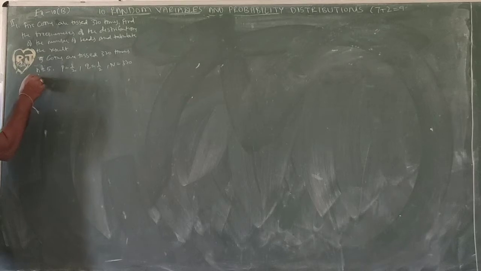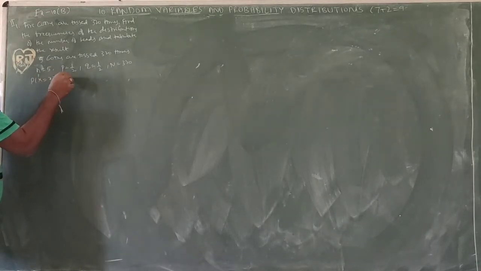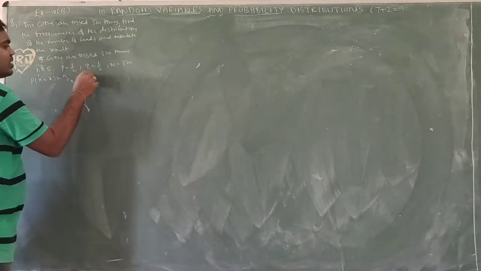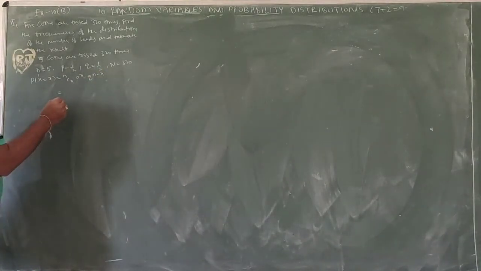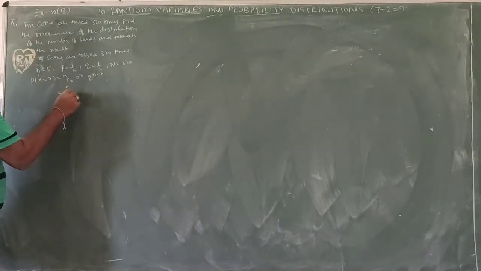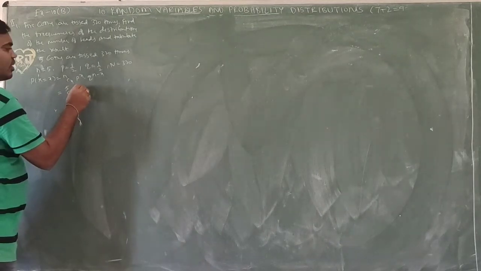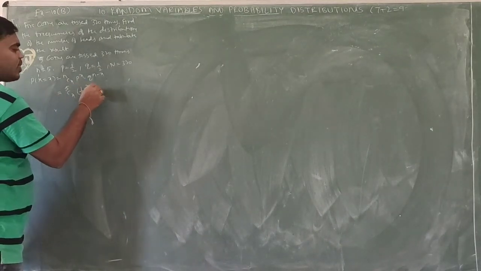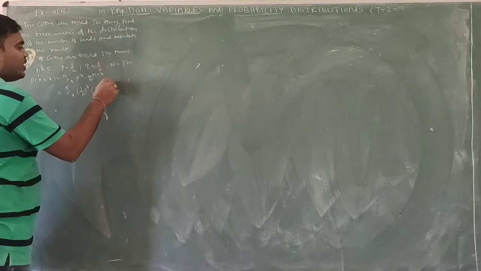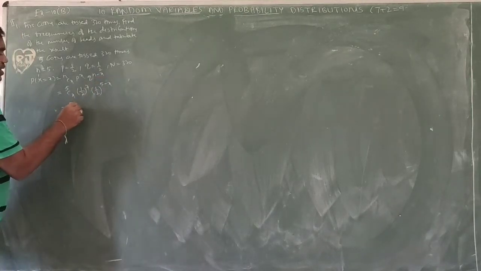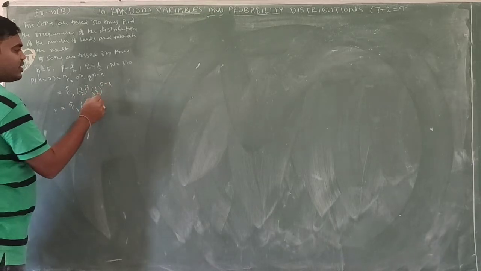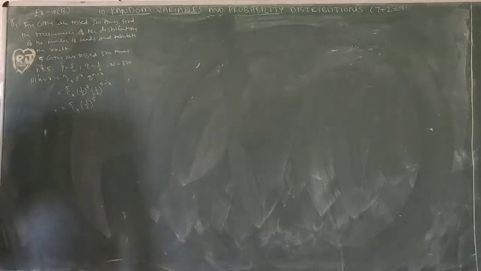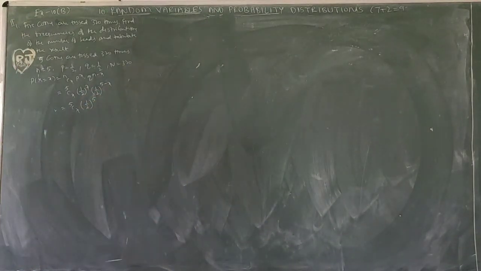Now P of x equal to n C x p power x q power n minus x, equal to 5 C x (1 by 2) power x (1 by 2) power 5 minus x. So 5 C x (1 by 2) power x plus 5 minus x, the x cancels, giving 5 C x (1 by 2) power 5.